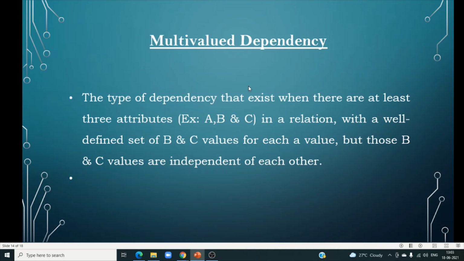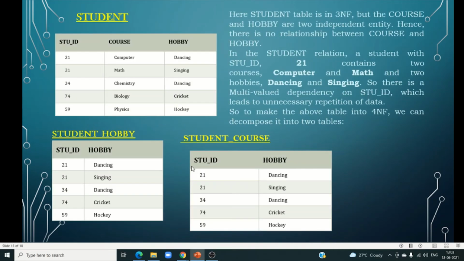In those situations, we call the table a multi-valued dependency.